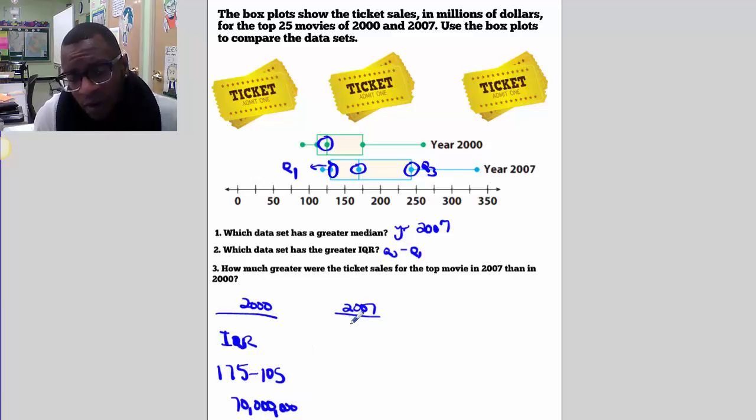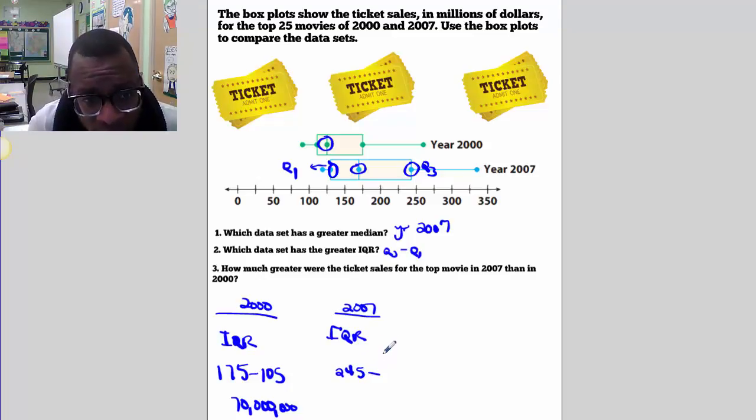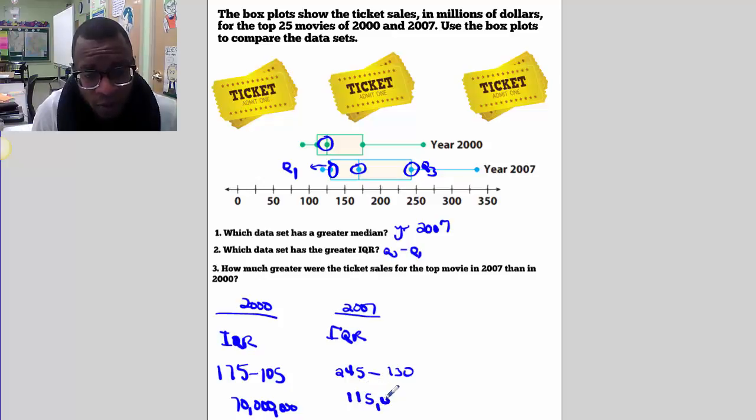Okay, and you want to find the same value for the data set of 2007. So that's going to be 245 million minus, that looks like approximately 130 million. So you're going to have an IQR value of 115 million.